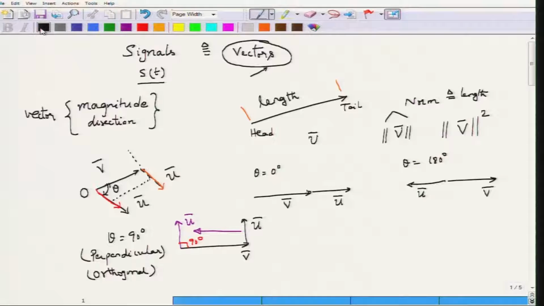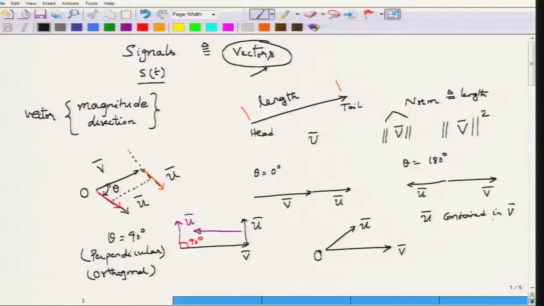Associated with this, there is one other concept that is very important. We ask the following question: suppose I have a vector v and in general I have a vector u. Now, I have a common origin to both of these vectors, which I am denoting by O. If I ask what is the amount of u contained in v, this seems to be a slightly strange question to ask, as how can one vector be contained in another vector?